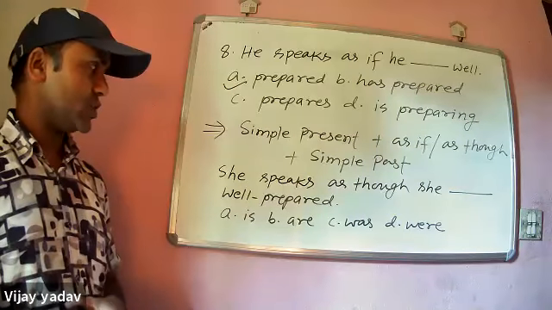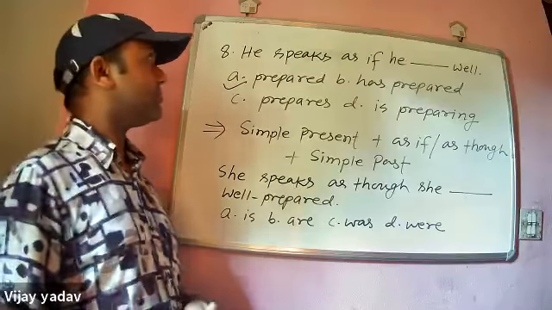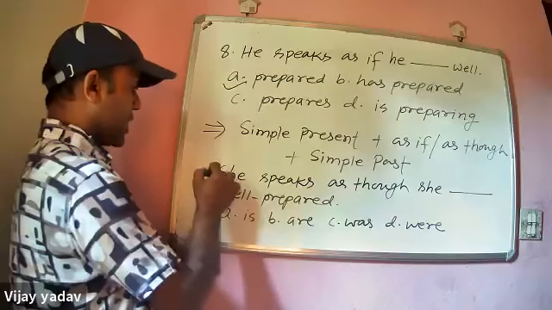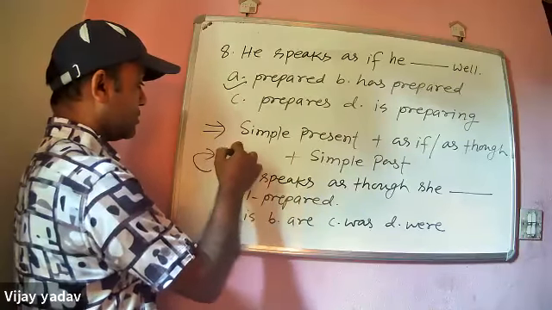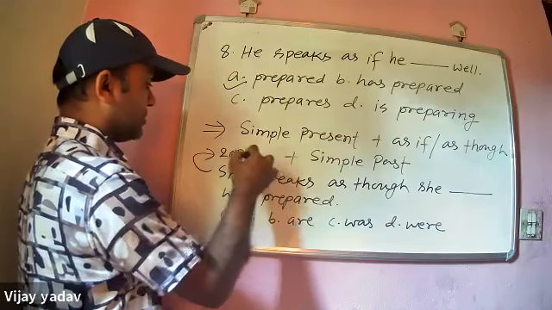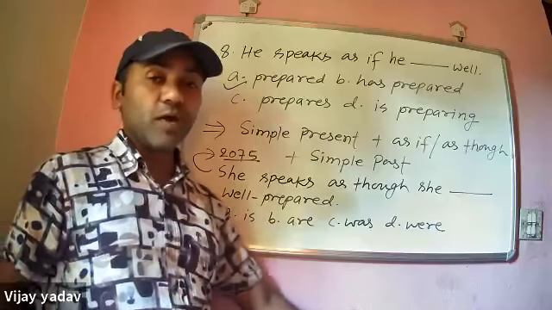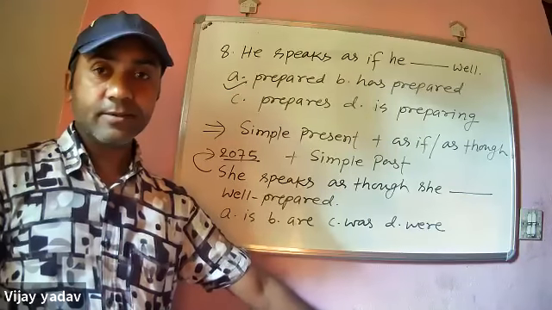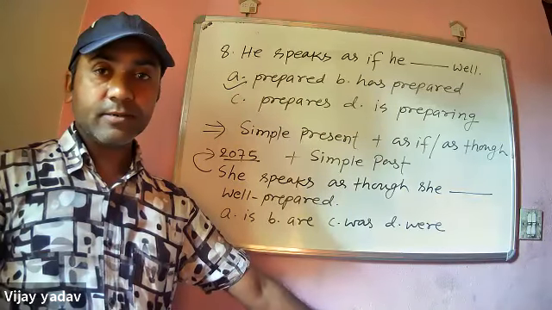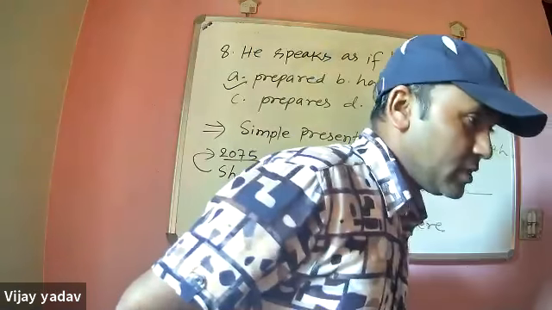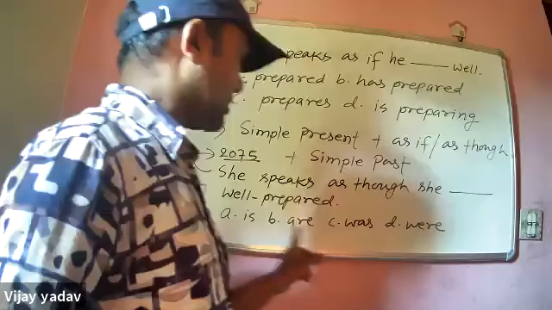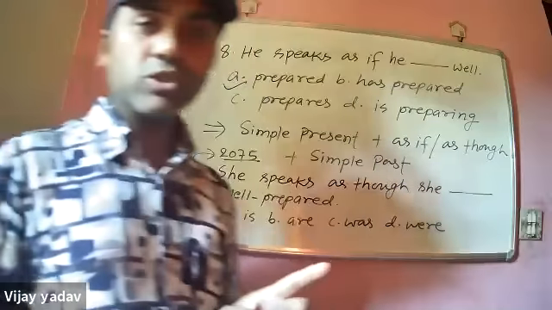She speaks as though she well prepared. It was asked in 2075. Which one? Option A, is; C also, was; or else.